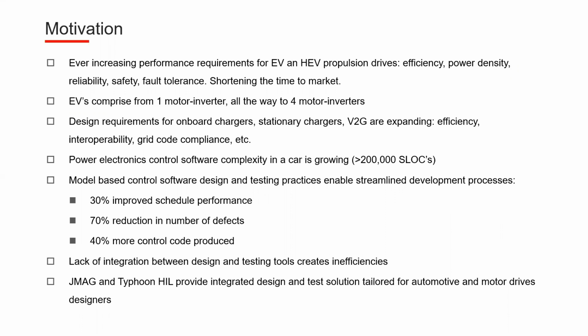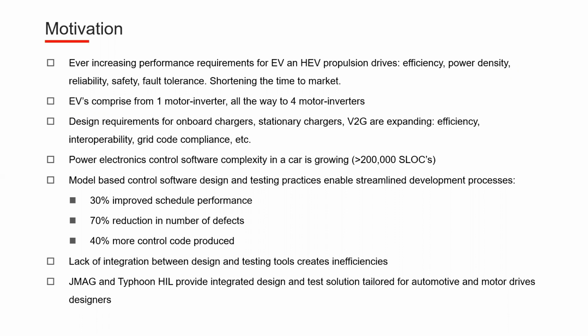So we need to start thinking about ways to deal with this complexity, and we need to come up with some viable solution for it. One approach that has proven useful is model-based design and testing.